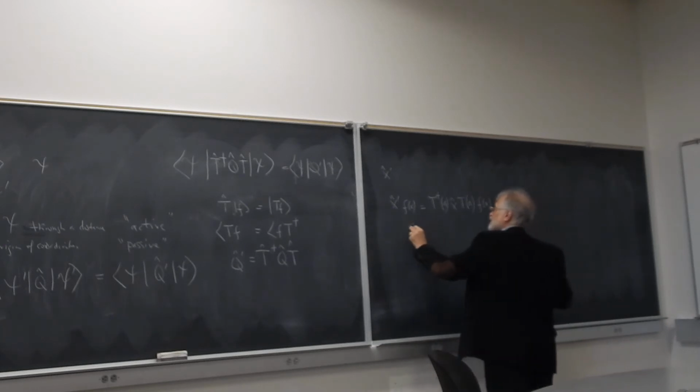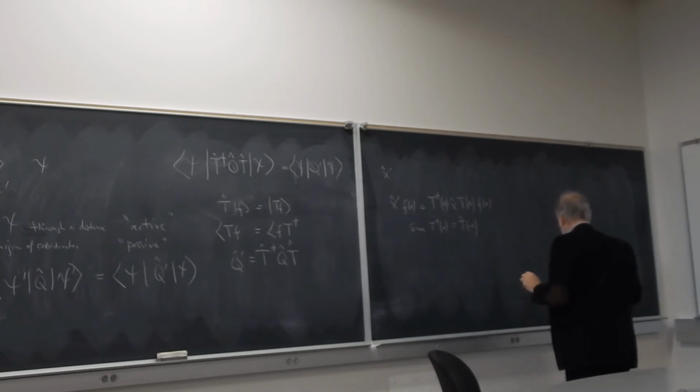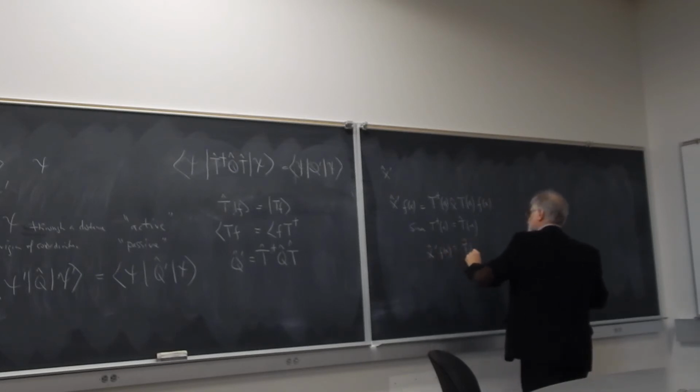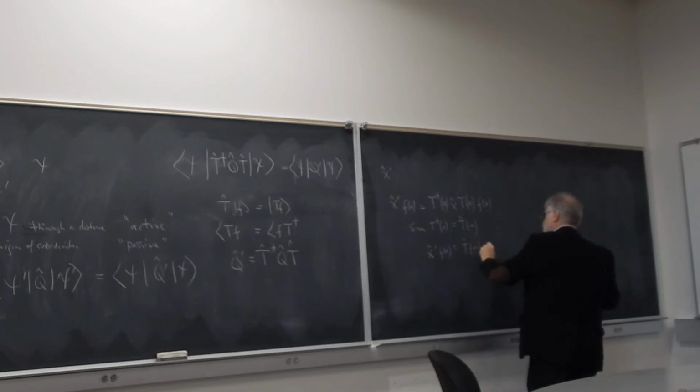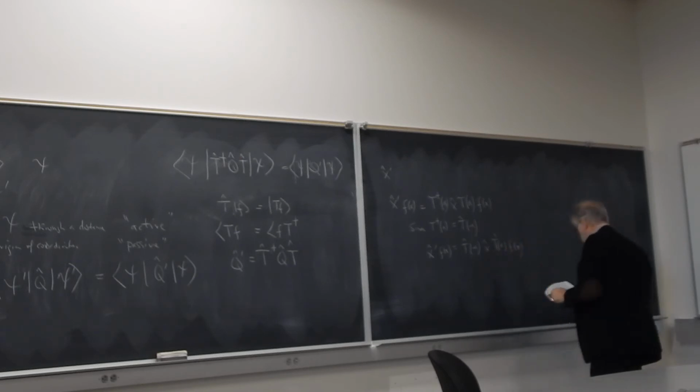But since T dagger of a is equal to T of minus a, we can write x prime applied to f of x is equal to T of minus a, x, T of a times f of x.